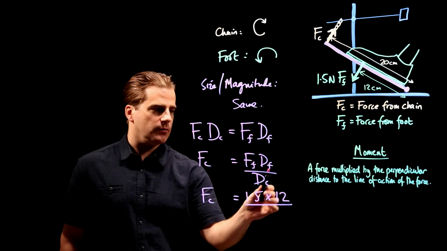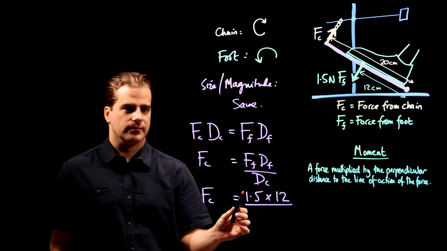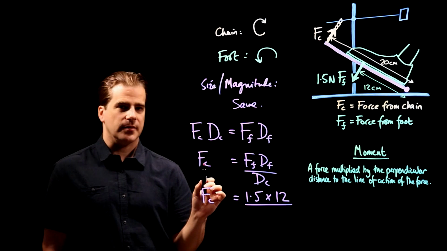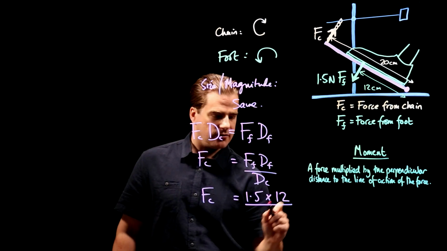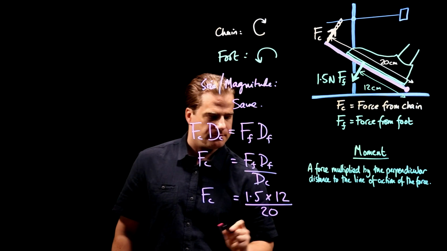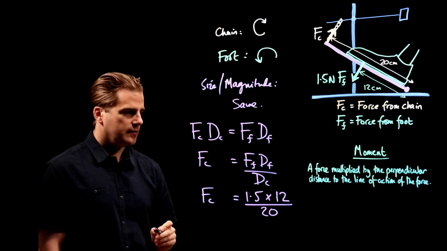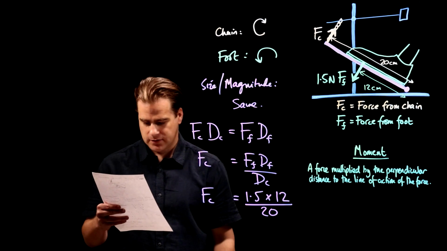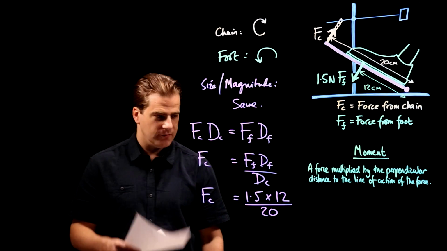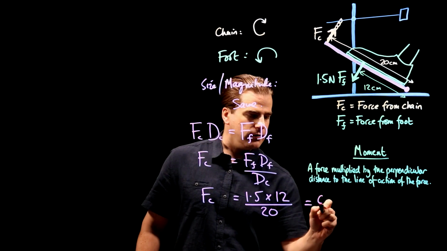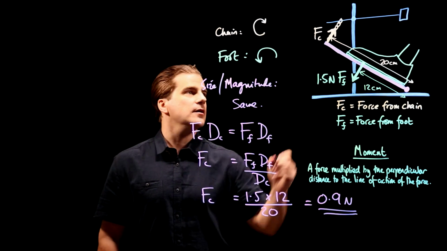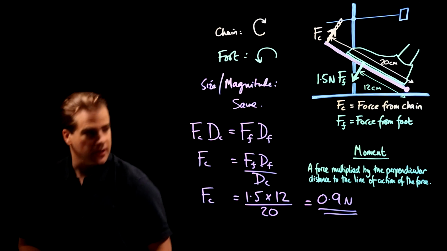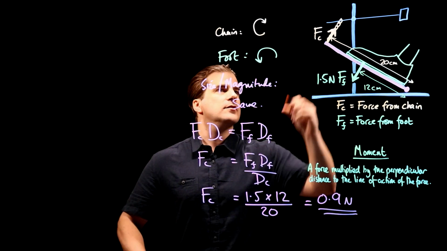So it's like a ratio. Whatever the units are, they're going to cancel. So we can leave it in centimetres. So divided by distance due to the chain is 20. Okay, stick that in your calculator or do it in your head if you want, and it comes out to be 0.9 newtons. There we go, 0.9 newtons.